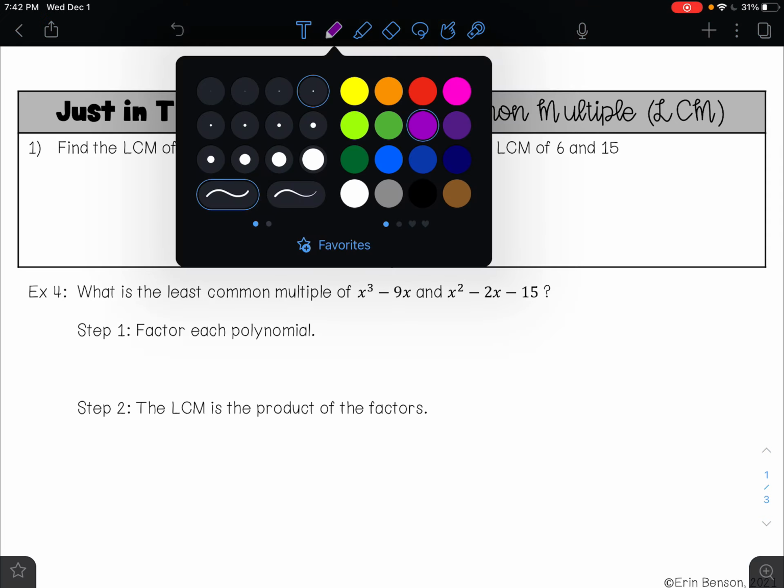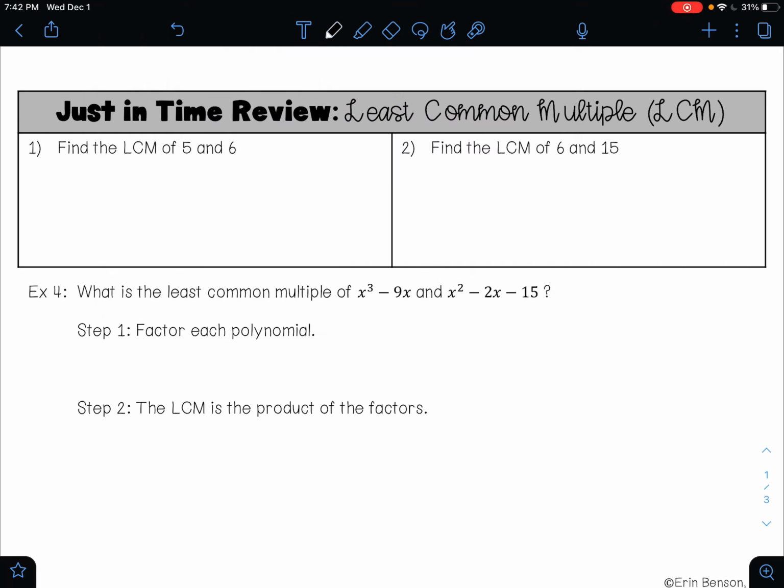To find the LCM of 5 and 6, let's find the multiples of 5 and 6. So the multiples of 5 are 5, 10, 15, 20, 25, 30, 35, and so on.